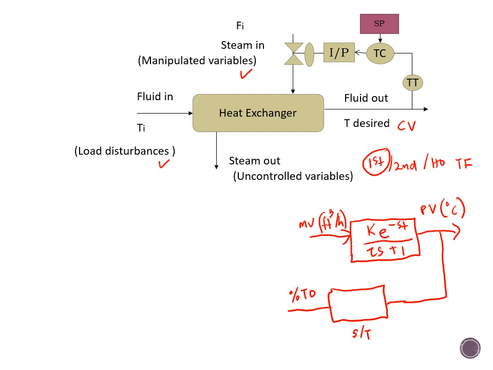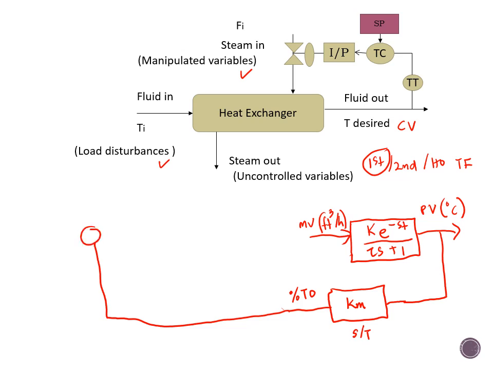The transfer function for the transmitter would be a zero order system, known as Km. Km is the gain for the transmitter. The output of the sensor transmitter will then send the information to the summation point.